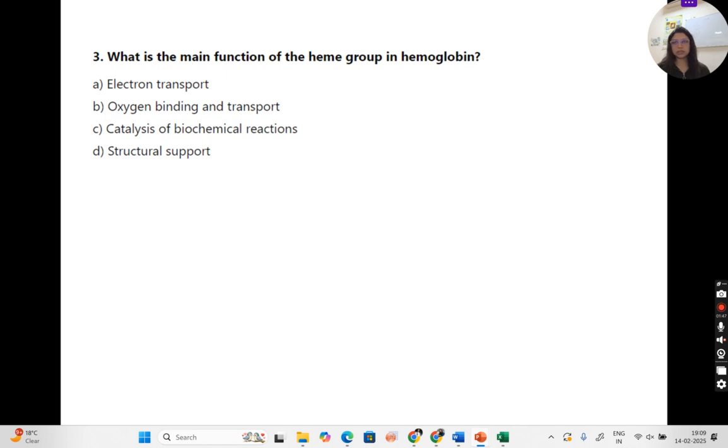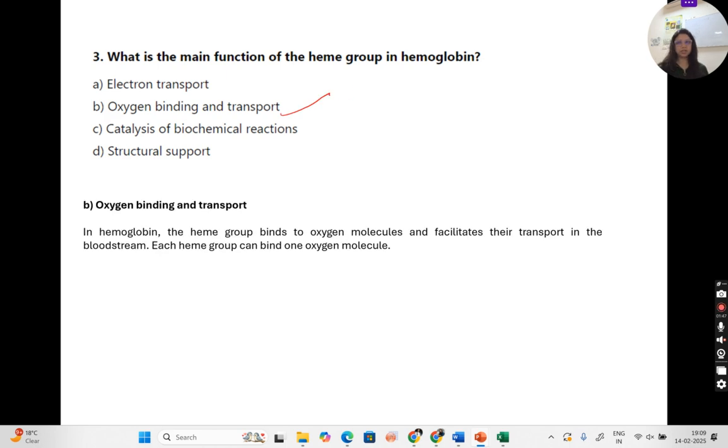Yes, the answer is B. Most of you have given the correct answer. It is oxygen binding and transport. The heme group in hemoglobin binds to the oxygen molecule, facilitating its transport in the bloodstream. Each heme group can bind one oxygen molecule.